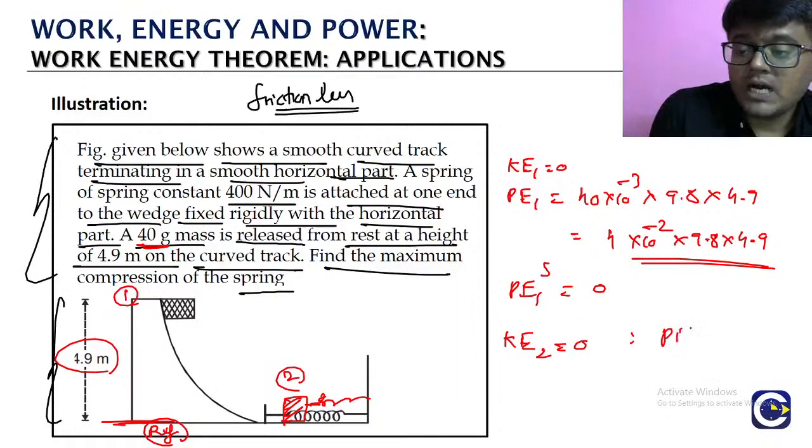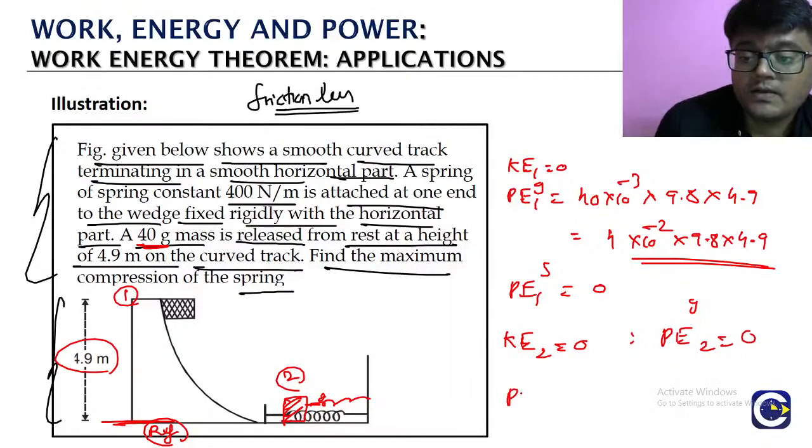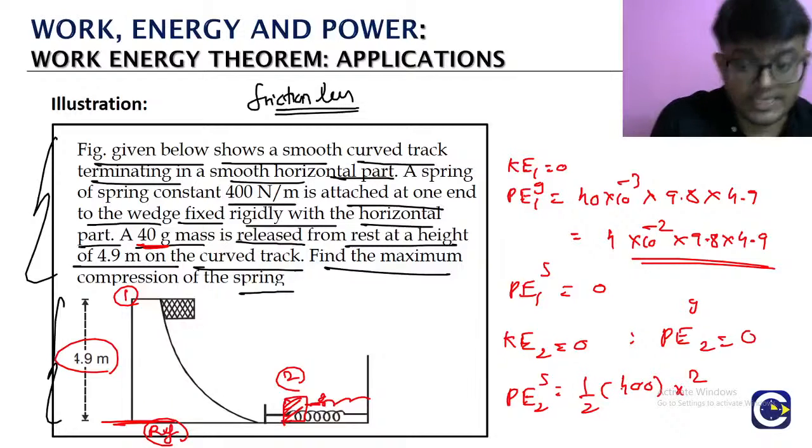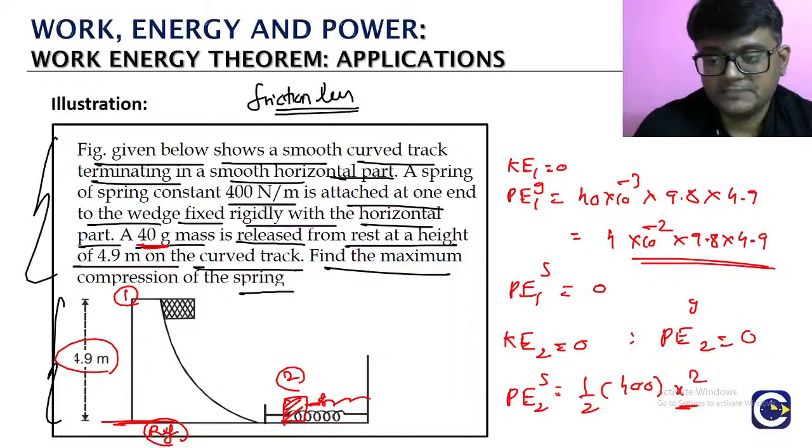The gravitational potential energy: the block is on the reference line, so 0. What about the spring potential energy? Half into K, which is 400, into x square. This x is what we need to find, the maximum compression.